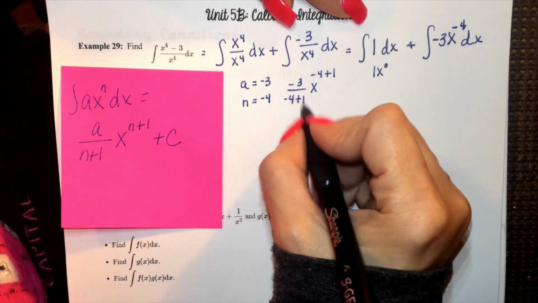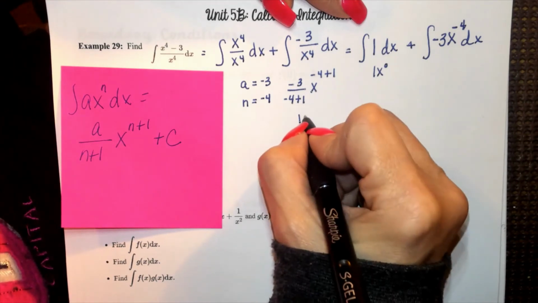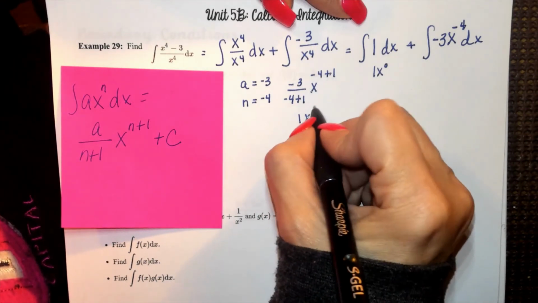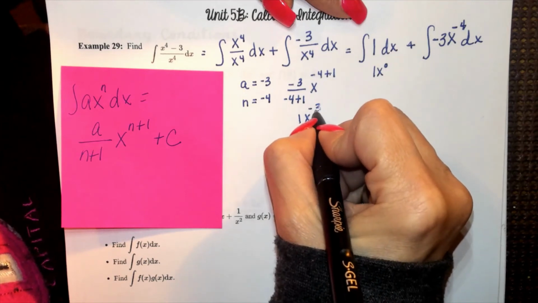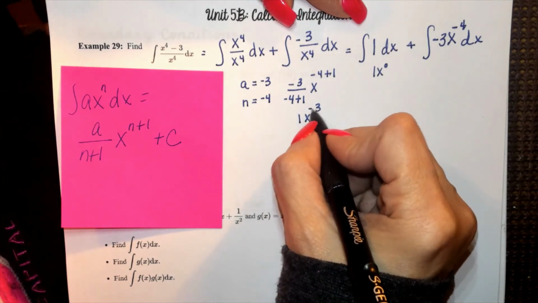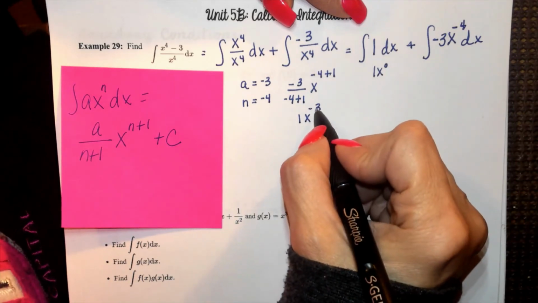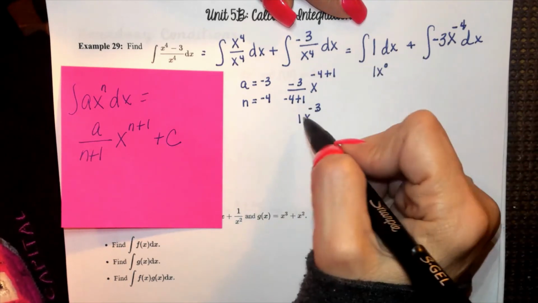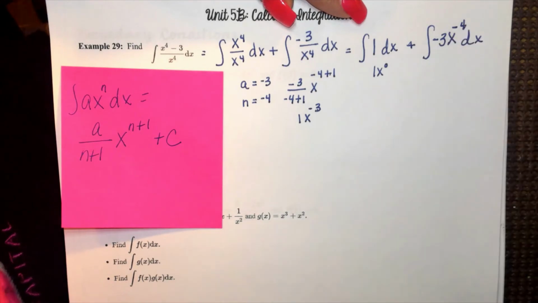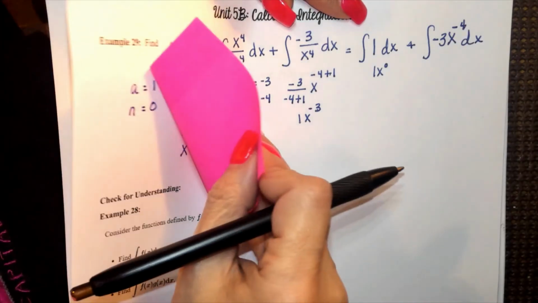Negative 3 over negative 3 gives me 1. x to the negative 4 plus 1 would be x to the negative 3. If I were to take the derivative of that, negative 3 times 1 would be negative 3. Reduce the exponent by 1 would be x to the negative 4. Okay, so we're doing good there.